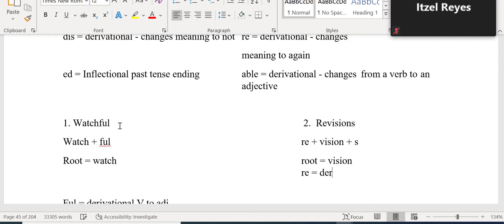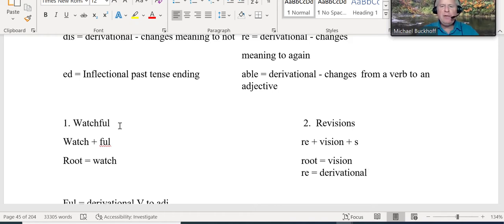Good. And then in this case, vision is a noun, revision is also a noun, so it doesn't seem to be changing the part of speech. But what's happening here? How does re affect the root?